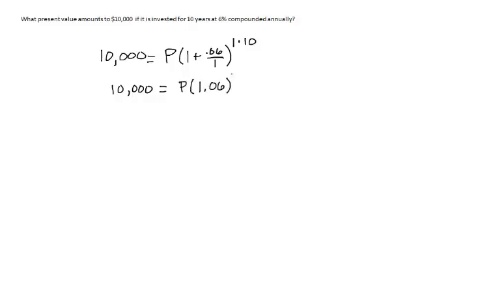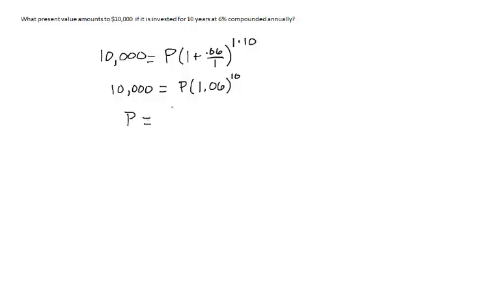So we know A is 10,000 equals, now we're looking for P, and we know that we have 1 plus our rate, which is 0.06, divided by the number of compounds, and it's compounded annually, so this is 1, raised to the mt, and m was 1 times t is 10.